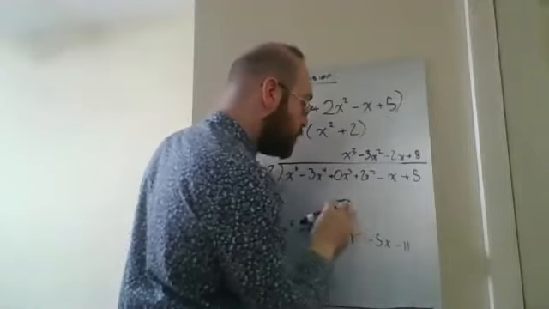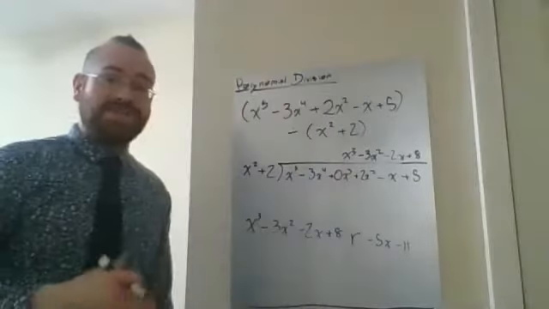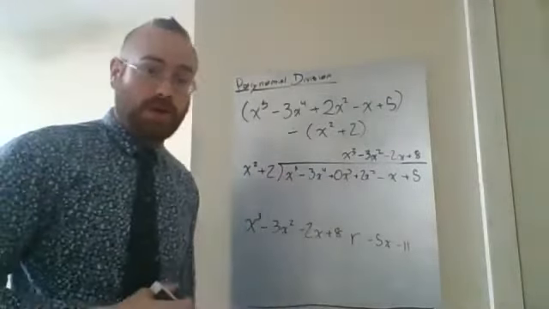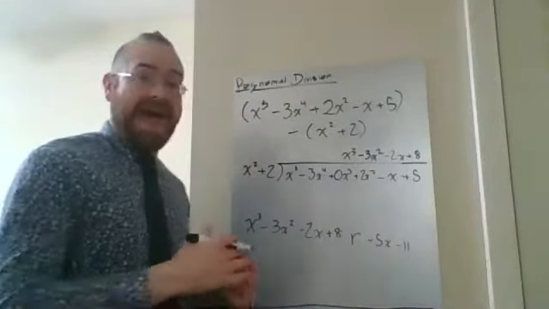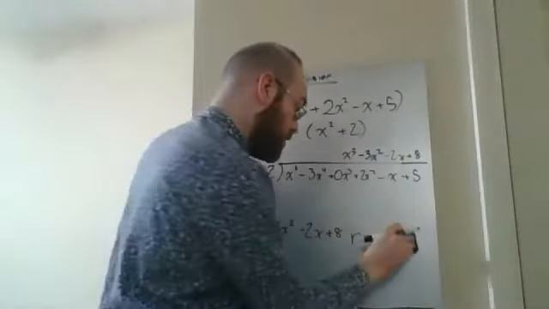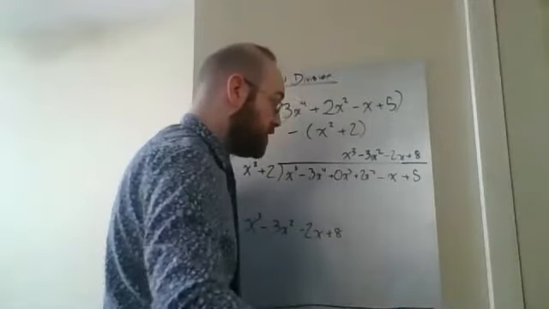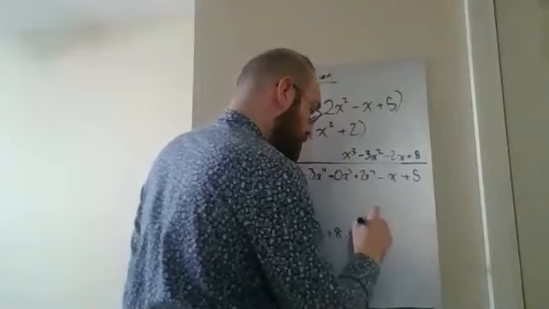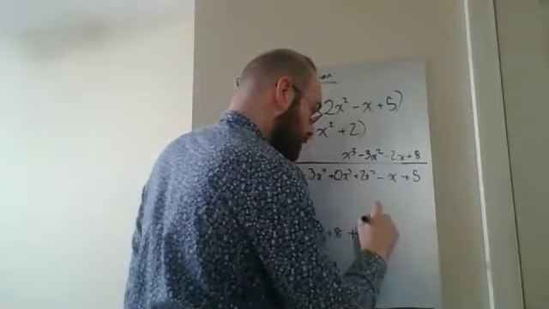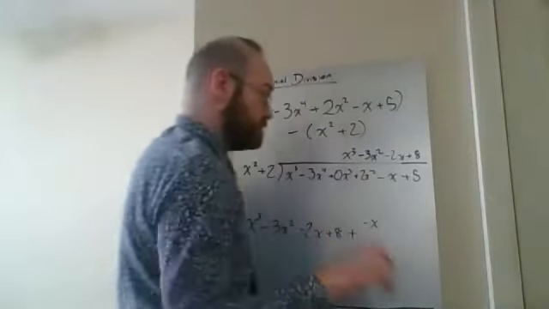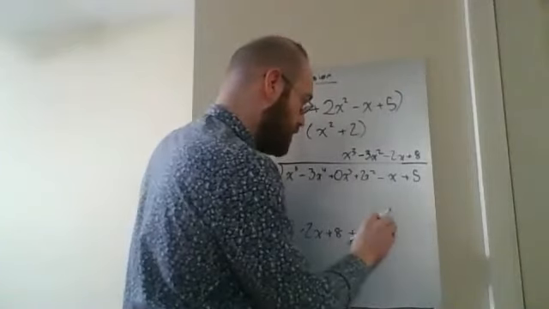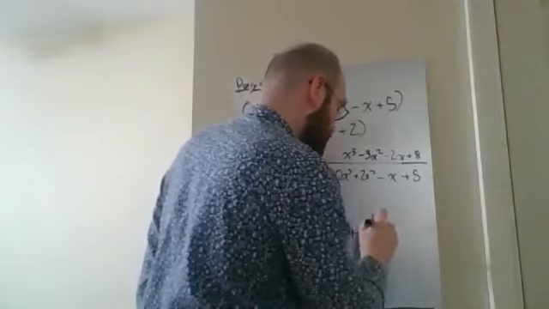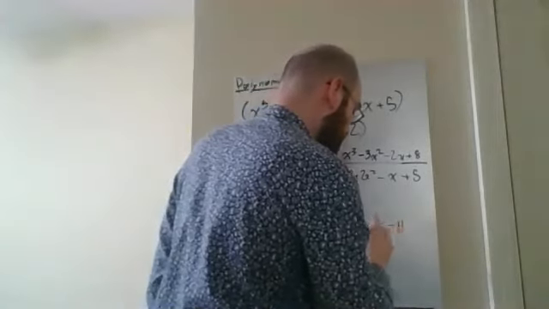Now, that's one way that we could write our answer, but there is another way that we could write our answer. We could instead show that we are adding the remainder. So we could have plus negative, let's see, it was negative 5x minus 11.